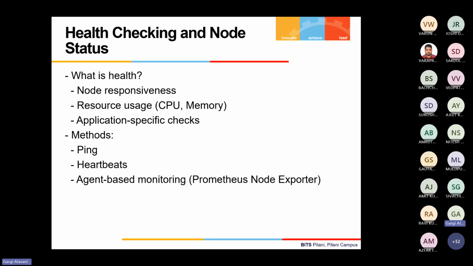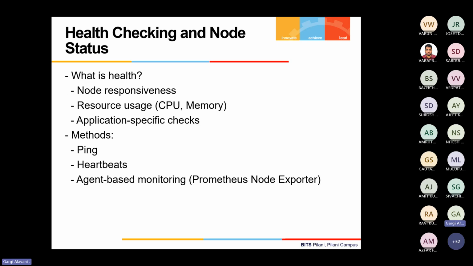There are different methods. The first one, simple: a simple ping can check if the node is reachable or not. Heartbeats again are periodic signals sent by nodes to indicate that they are alive: I'm there, I'm there. If a heartbeat is missed, then the node has failed.